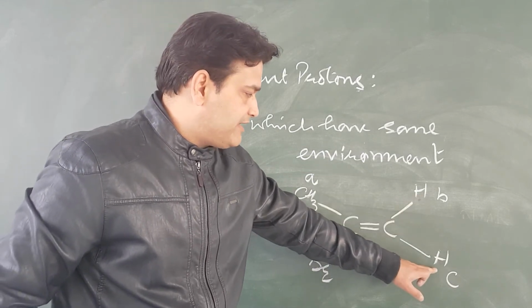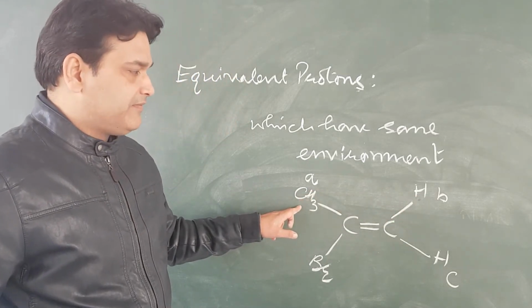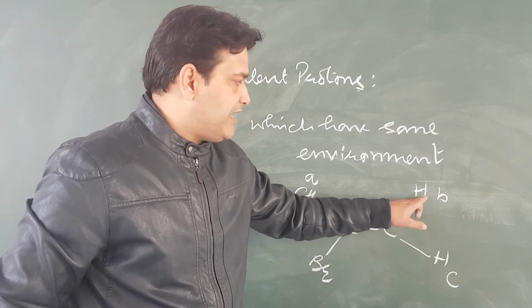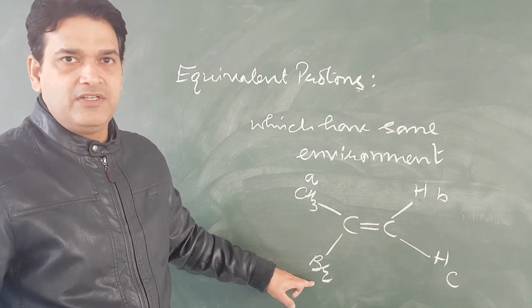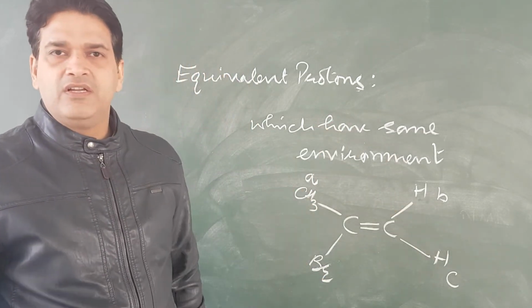One side it has an H atom and the other side it has CH3. And what is the environment of this proton? One side an H atom and the other side a Br atom. So this proton is different from this proton.